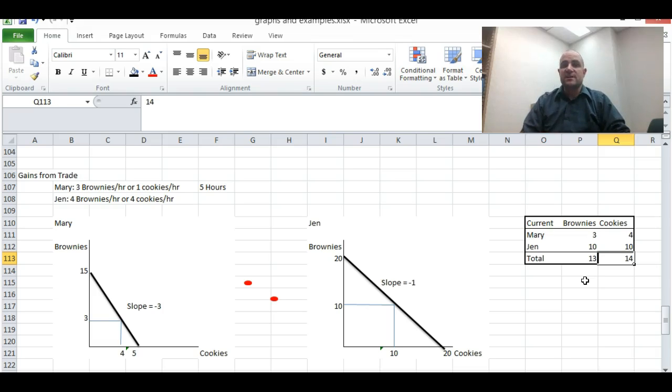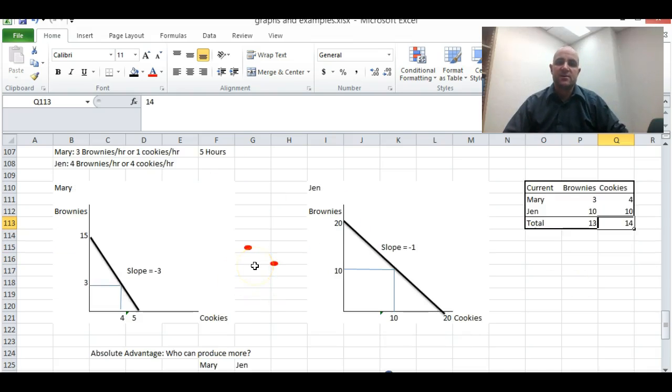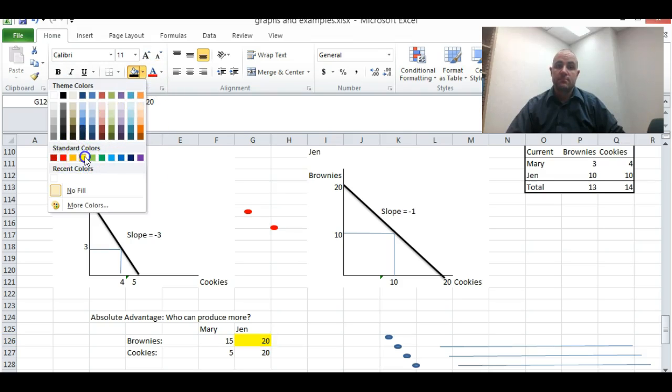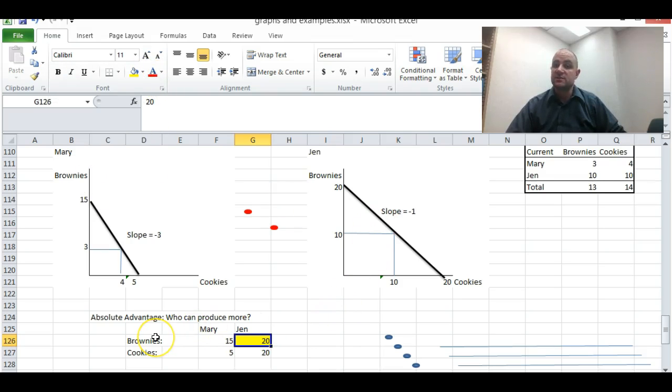So they get together and say, look, let's see what we can do. Let's try to work something out here. The first thing we look at is who has the absolute advantage? Who can produce more? If you look at this, for brownies, for example, Mary can make 15 in a day as a maximum. Jen can make 20. So Jen has the absolute advantage there.